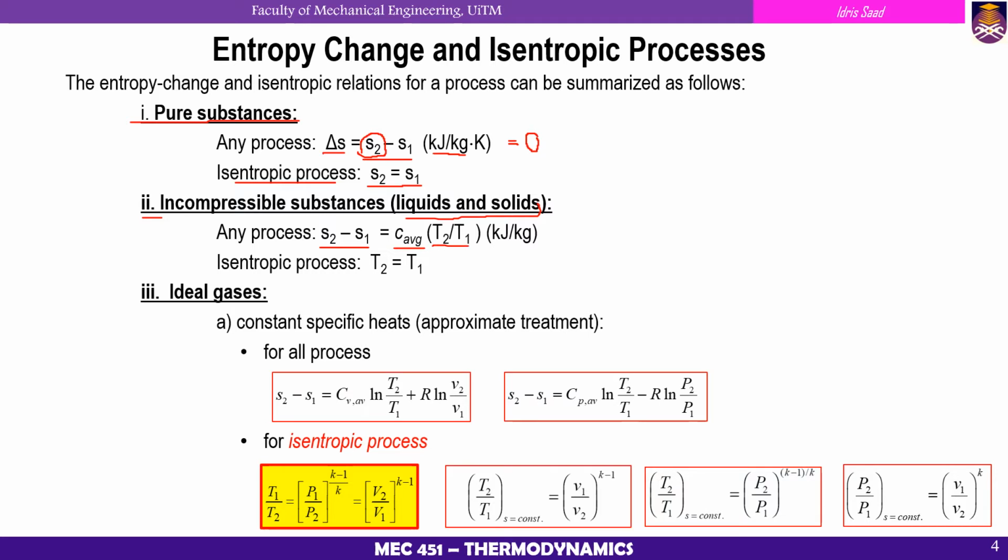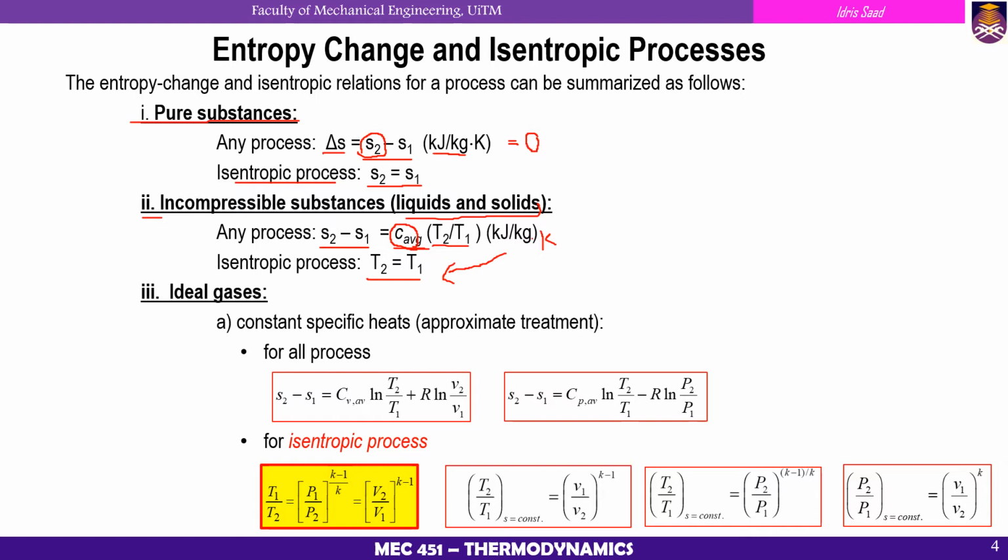The unit here is kilojoule per kilogram Kelvin, because the unit of specific heat is also kilojoule per kilogram Kelvin. Therefore, we can also write that for the incompressible substance, the temperature at the final state is equal to the temperature at the initial state. Okay, number 3.